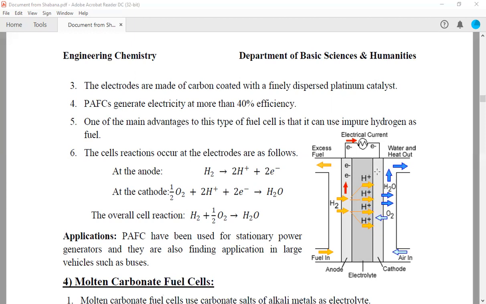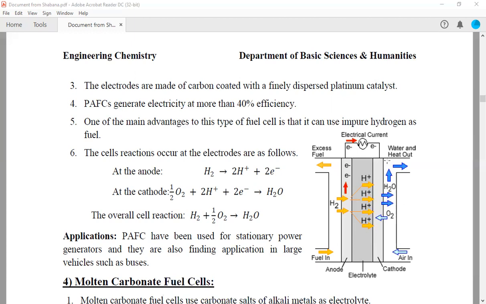At the cathode, the oxygen gas is passed through the inlet, and this oxygen reacts with the H plus ions and also takes the electrons, and water is generated.